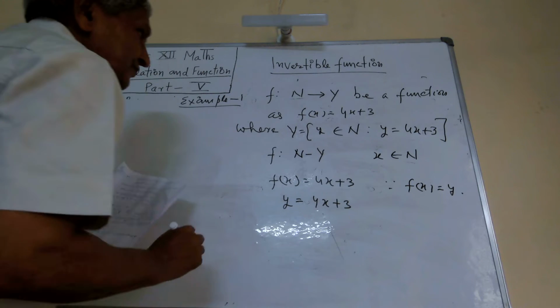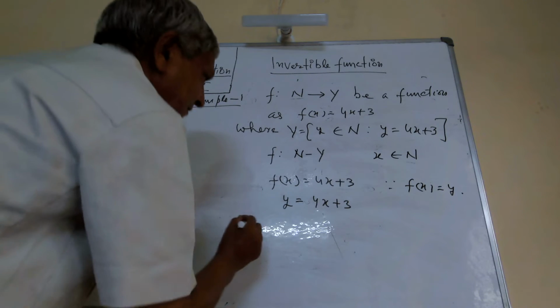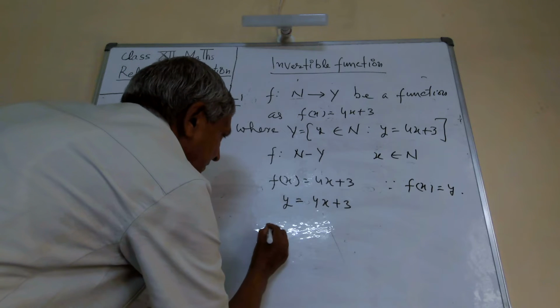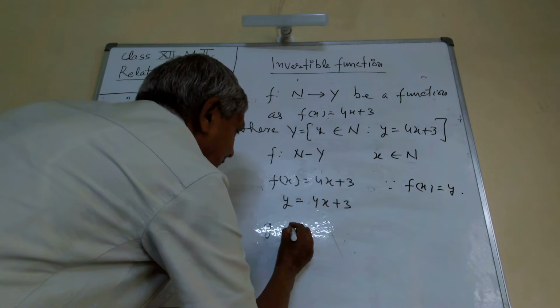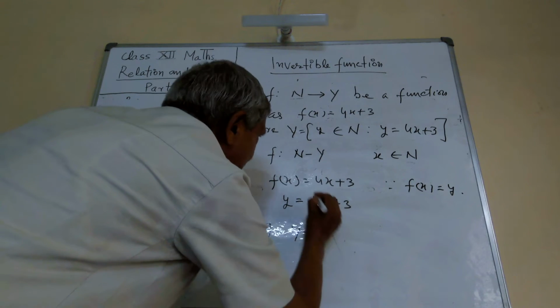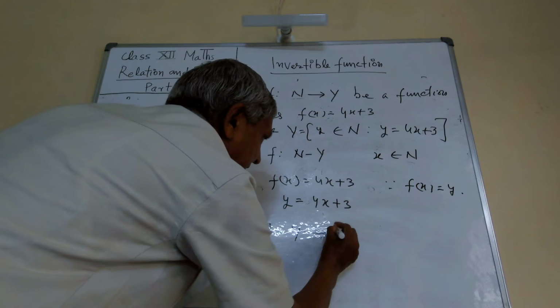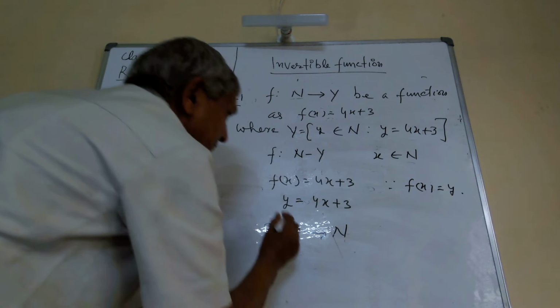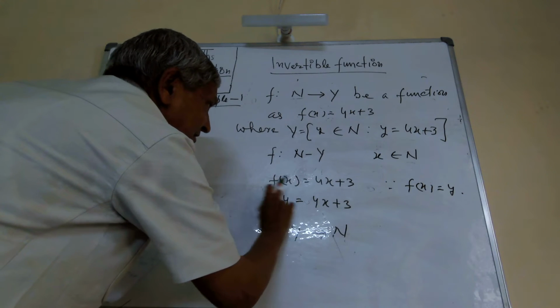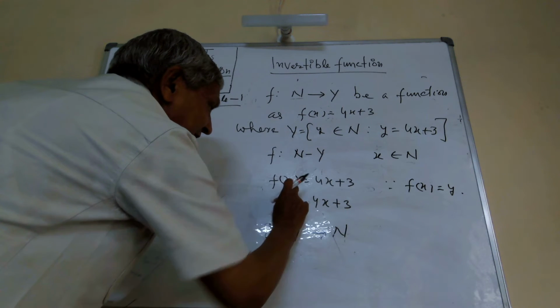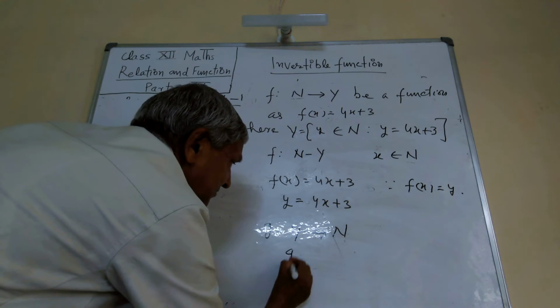Now the second function g. g is equal to Y to N, opposite of this f. In the f function this is the condition f(x), in g the condition is g(y).